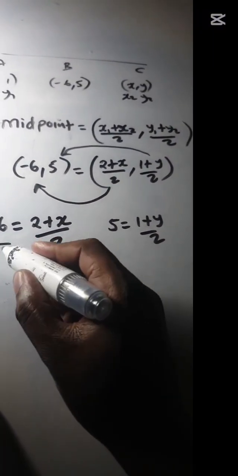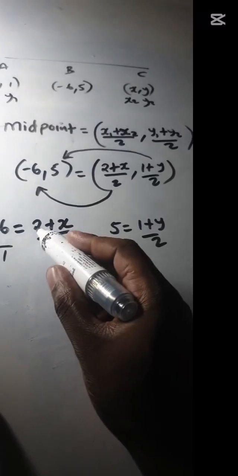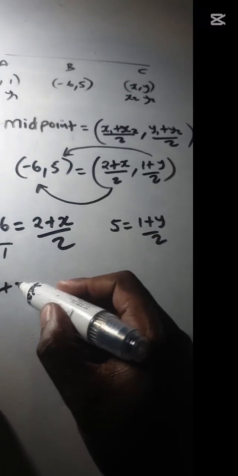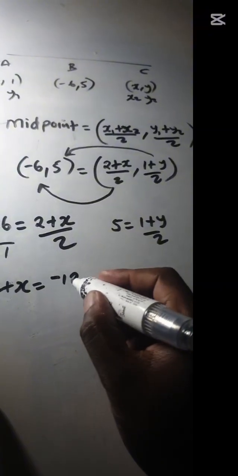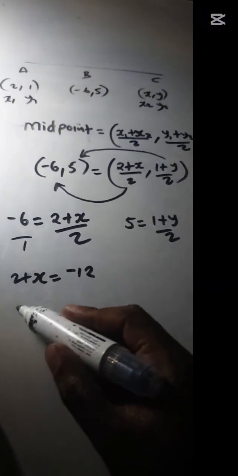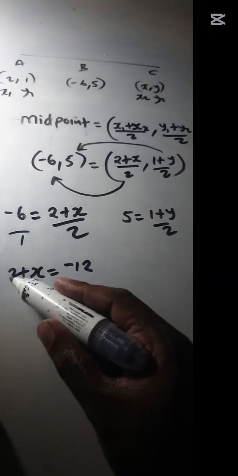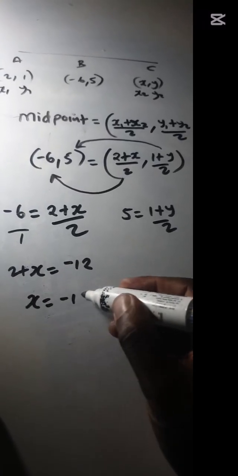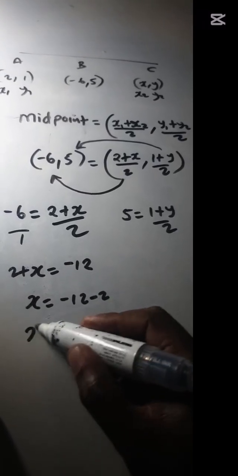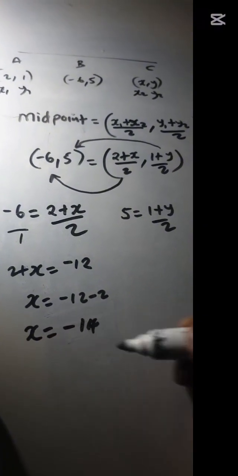So we cross multiply. 1 times 2 plus x is 2 plus x, equal to negative 6 times 2, which is negative 12. Group the like terms. Positive 2 by additive inverse becomes negative 2 on the right. So x is equal to negative 12 minus 2. x is equal to negative 14.